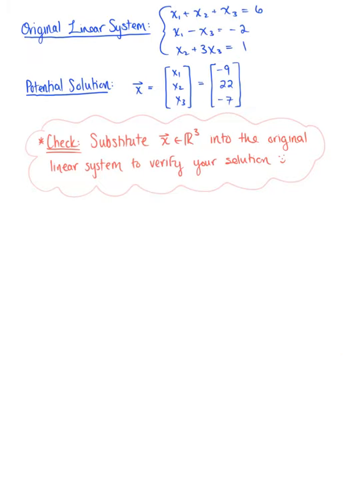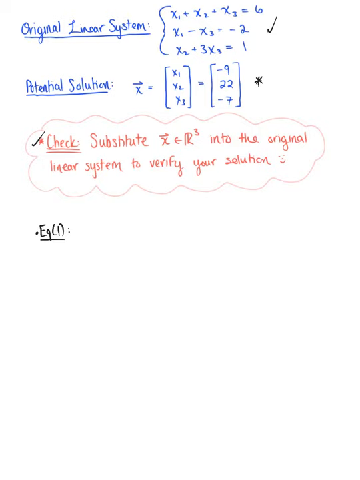Alrighty, so let's make sure that our algebra is accurate by double checking our work. To check our potential solution, we need to substitute it into the original linear system to make sure that each equation still holds true. So here we go. Equation number 1: x sub 1 plus x sub 2 plus x sub 3 equals 6.